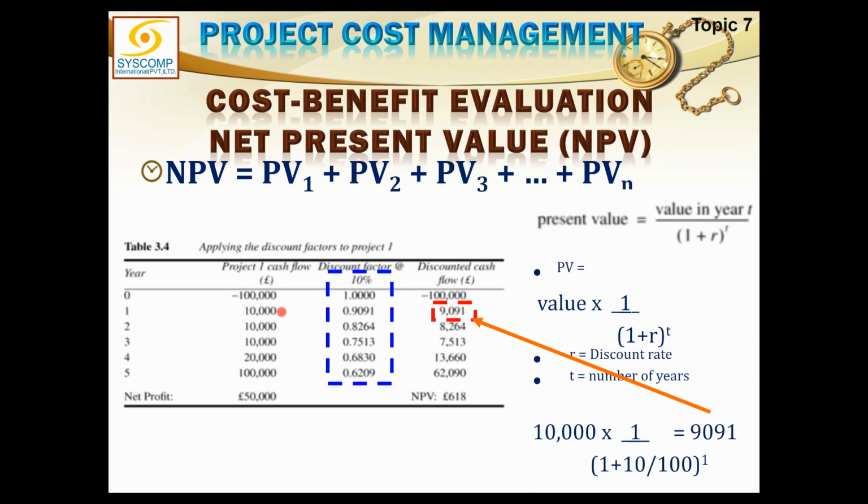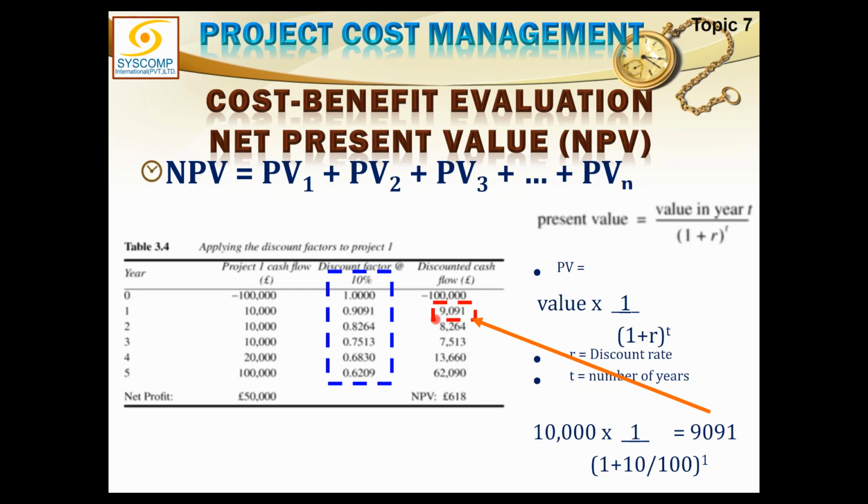The 10,000 rupees which is going to come after 1 year would be multiplied by 0.9091, and that would become 9,091. So if I have to assess how much it is worth today, then it is worth 9,091 rupees. The 10,000 rupees after 2 years, which is coming, is worth 8,264 rupees today, and so on and so forth.